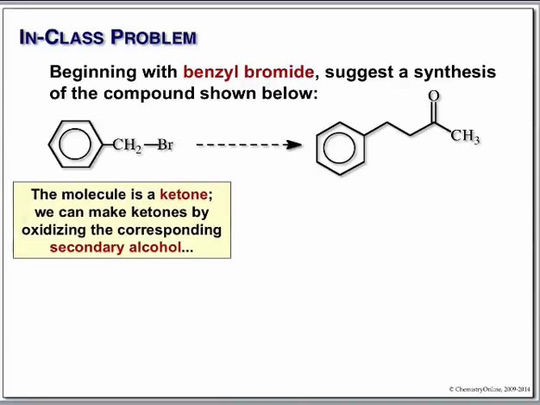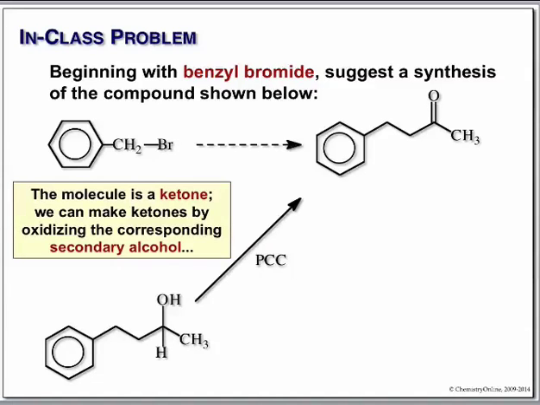Well, the structure of the alcohol is trivial, isn't it? This just used to be an OH. So all we have to do is draw this. Again, put in an oxidant of some sort, and convert the alcohol into the carbonyl.